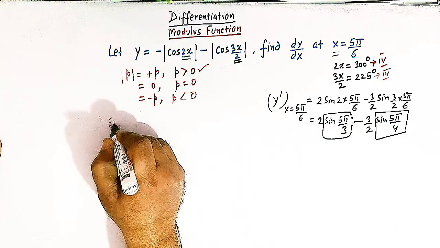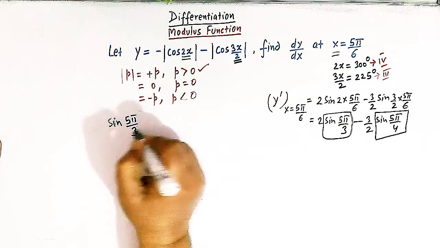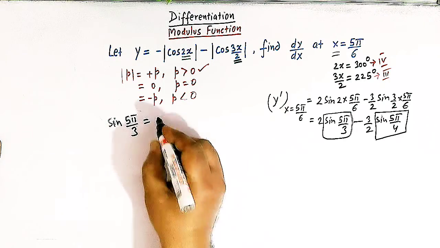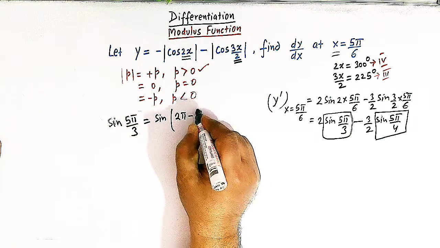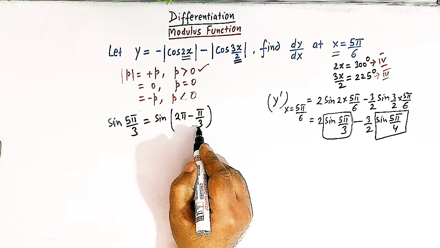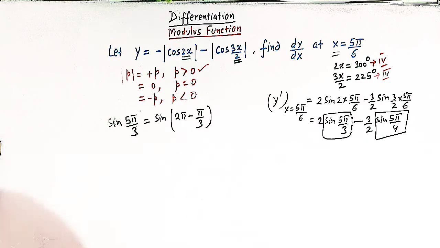So here we have sine 5 pi by 3. Now splitting 5 pi by 3 like this, sine 2 pi minus pi by 3, right? Because 3 times 2, 6, and 6 pi minus pi is 5 pi, right?